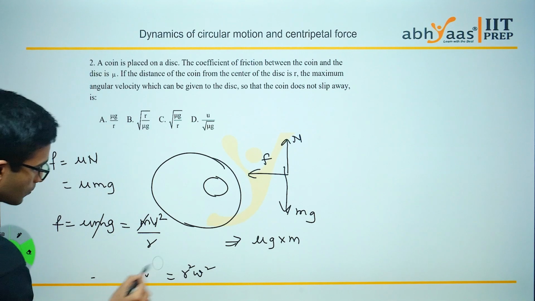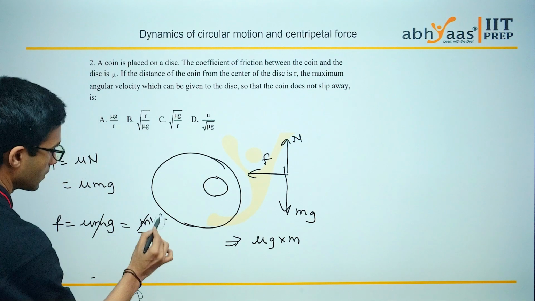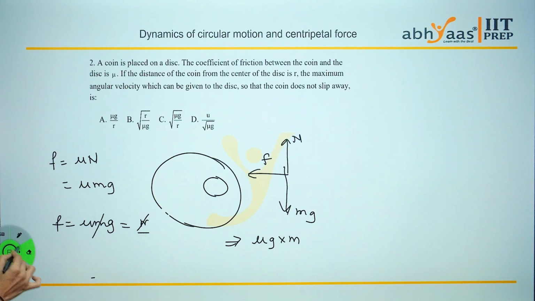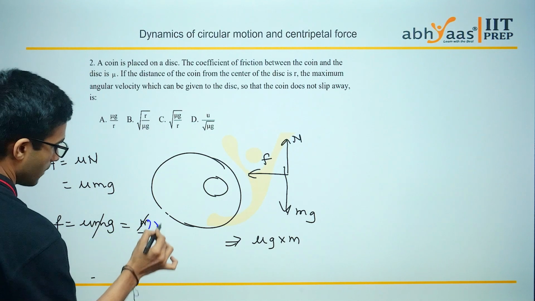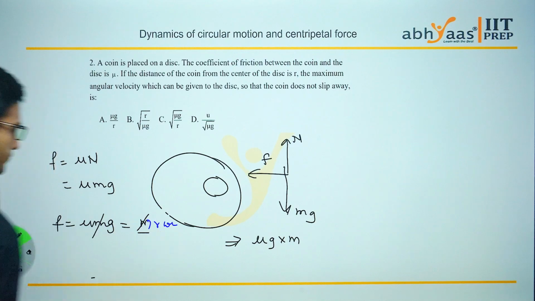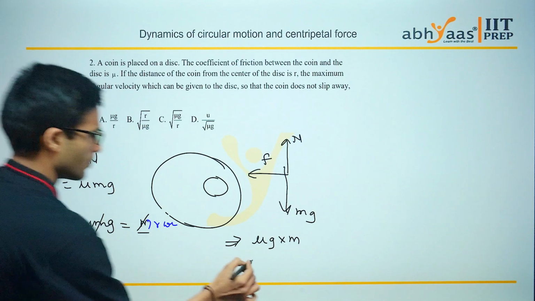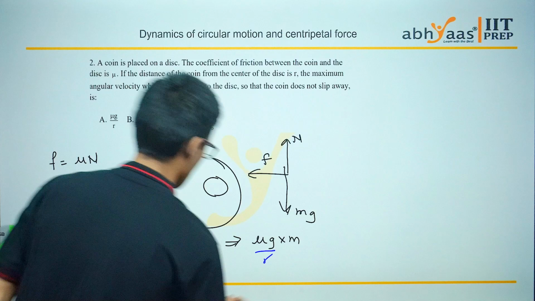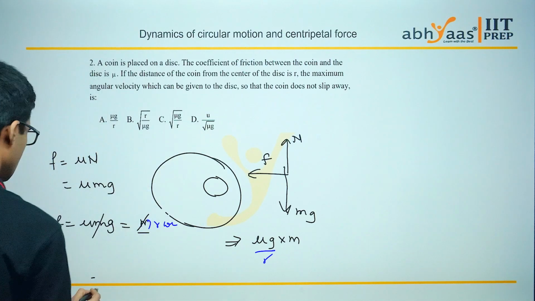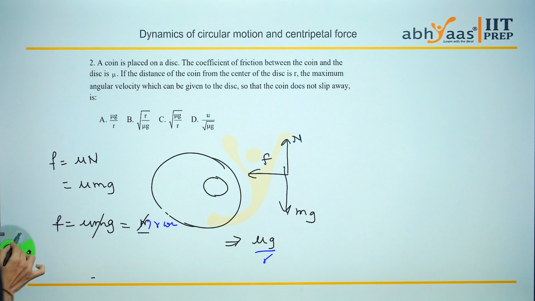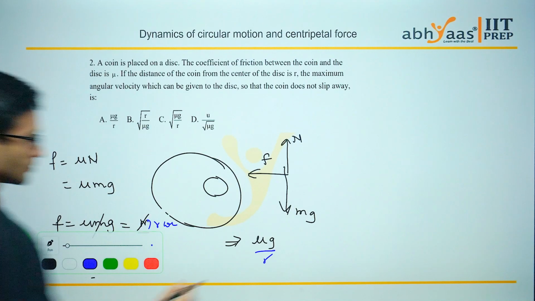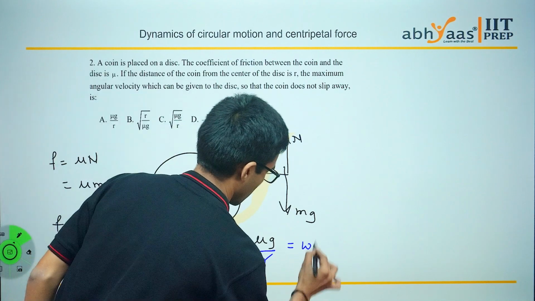Better one is changing v directly. No need to have this much big calculation. So mu mg is equal to m r omega square. M gets cancelled. Mu g by r is equal to omega square.